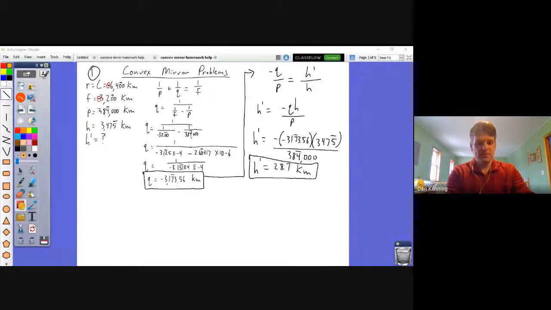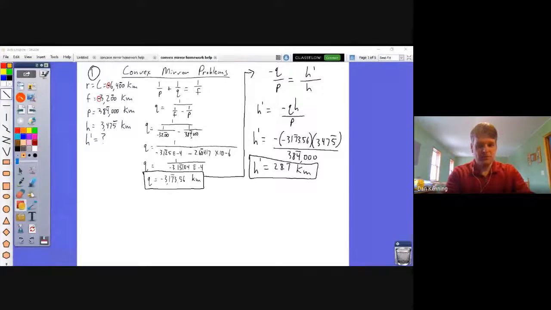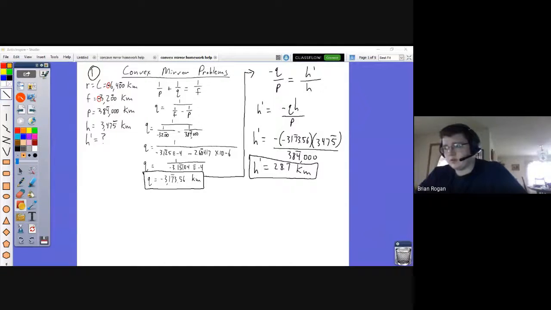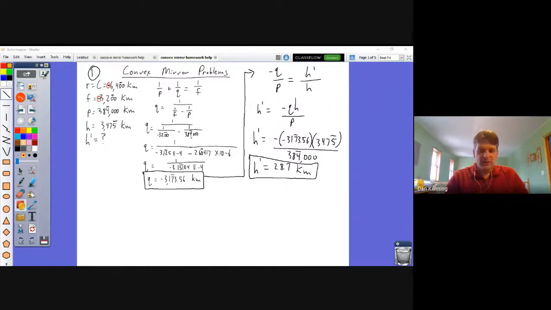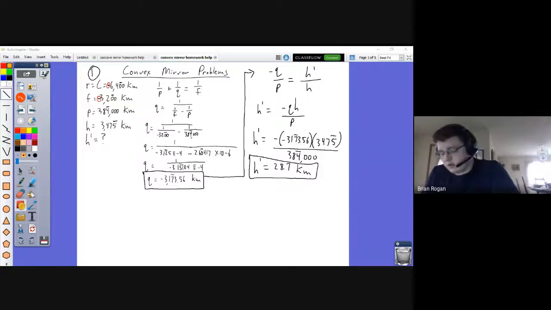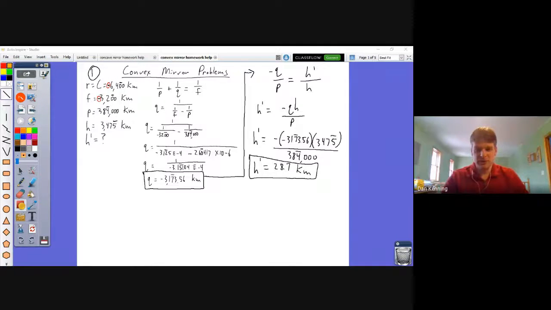The answer key called it R. So Brian, that's just a consequence of the fact that if you take F times 2, you get C. But would we be fine if we just did 1/F? Yes, you can find F and then double it to get C, which the book calls R. Good question.